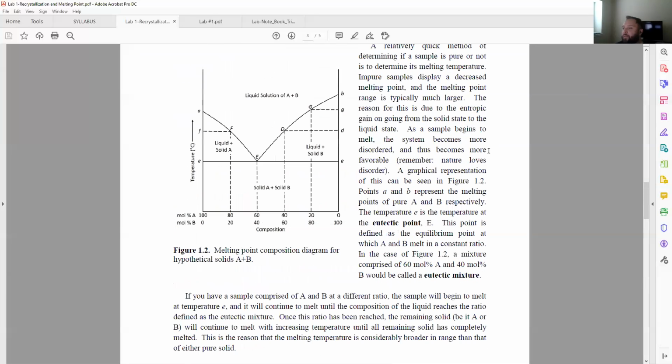So the way I interpret that is whichever one is more abundant, it'll lean toward that melting temperature. For example, say you have two things, A and B, where the melting point of A is 95 degrees and B is 120 degrees, and you have an 80-20 mixture of A and B. Chances are you're going to melt closer to 97, like 100, so about 5 degrees off from the one with more, as opposed to being closer to the one that has less but a higher melting temp.